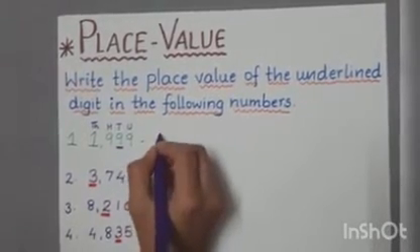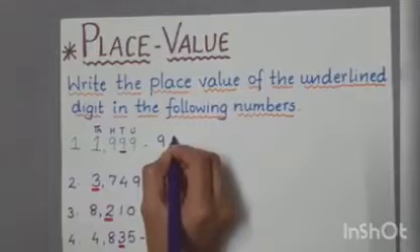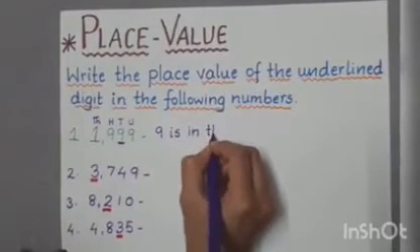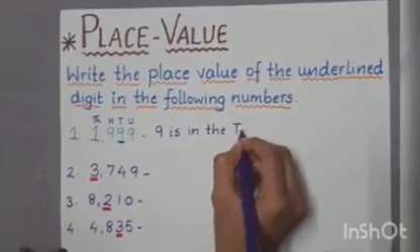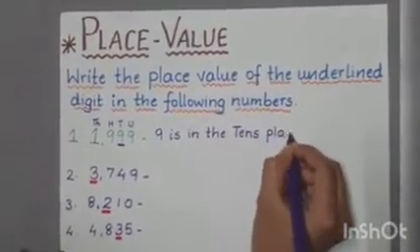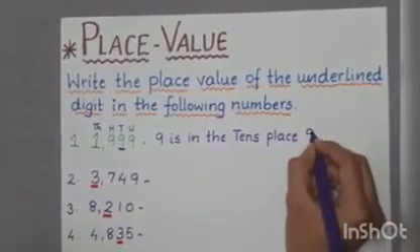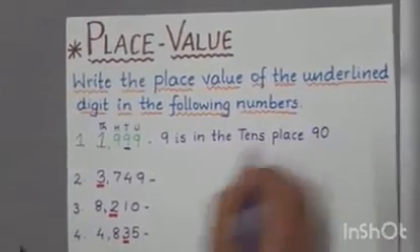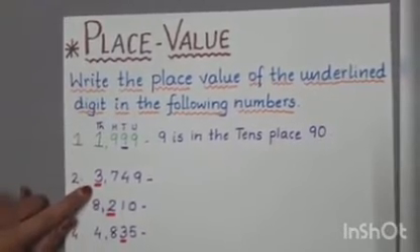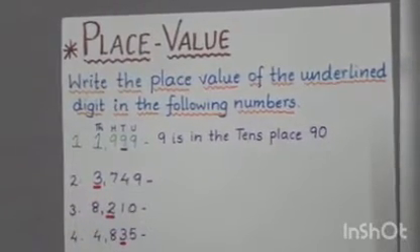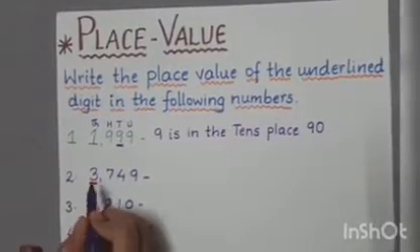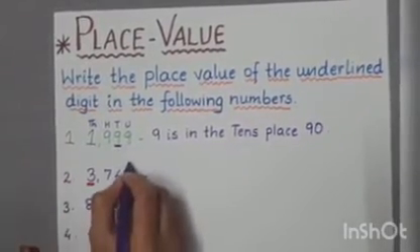So we will write 9 is in the tens place. And how will you write 9? You will write as 90 because it is in the tens place. Now second, we have 3749 and the underlined digit is 3, and the 3 is in which position, children?